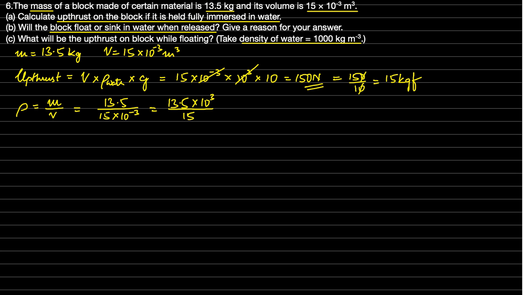Now we get this as 13,500, because 13.5 into 10 to the power of 3 gives me 13,500, divided by 15. Now 135 is divisible by 15, so that is 9 times. So we get this directly as 900, and it will be in kg per meter cube.